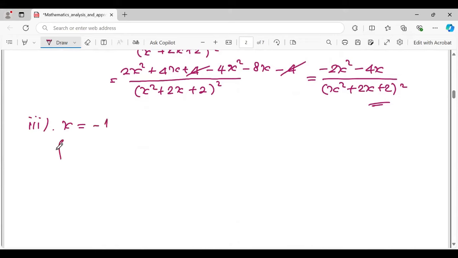So in the second derivative, we substitute x with -1.